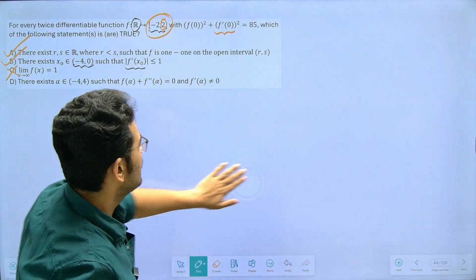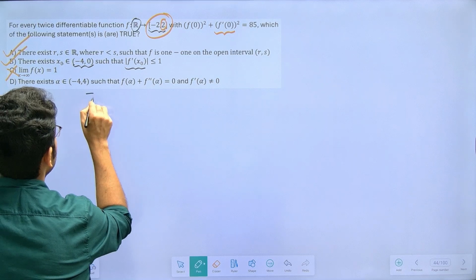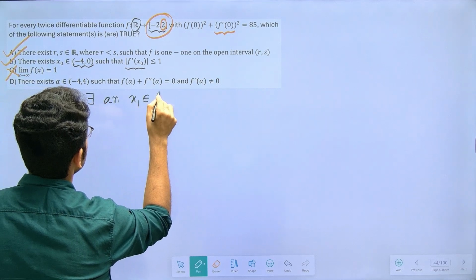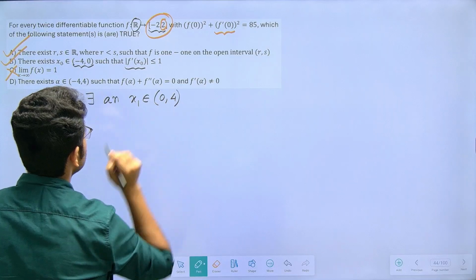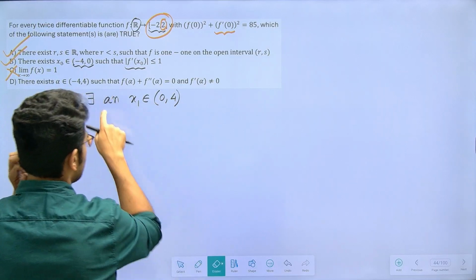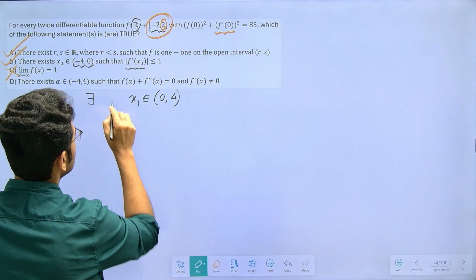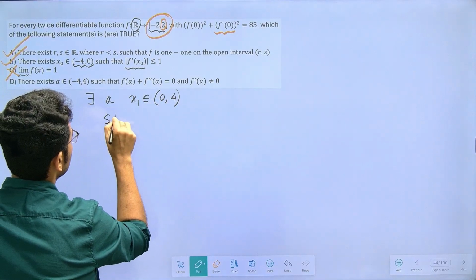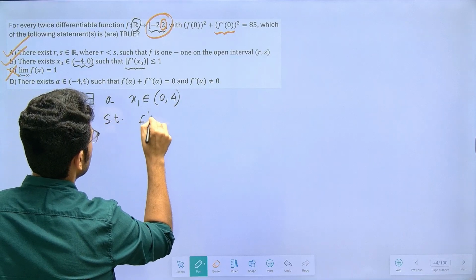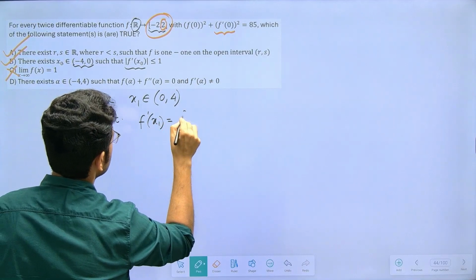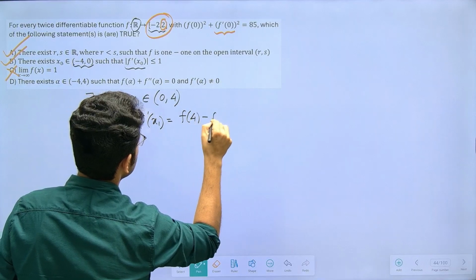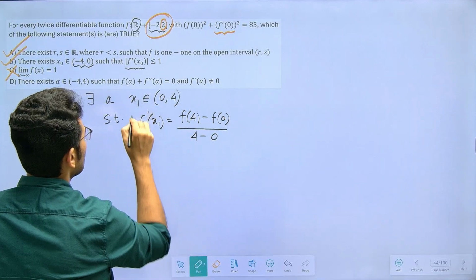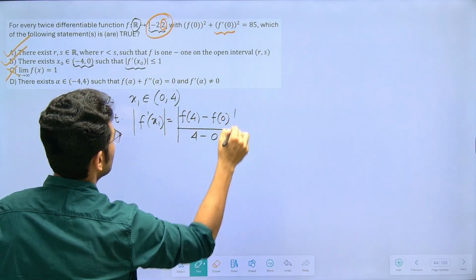we can say that there will exist an x1 between 0 to 4 such that, again applying Lagrange's mean value theorem, f dash x1 is equal to f4 minus f0 divided by 4 minus 0, and if you apply modulus, it will be like this.